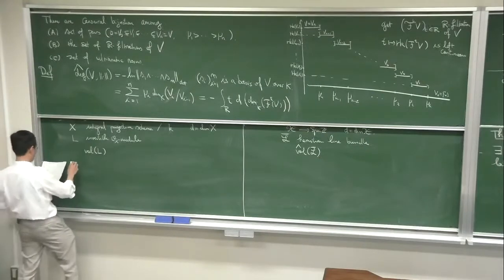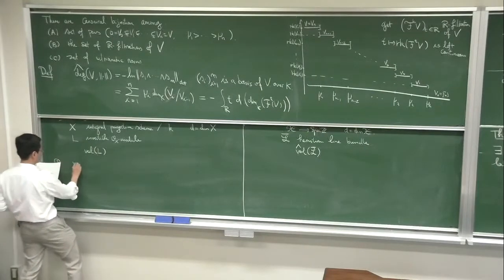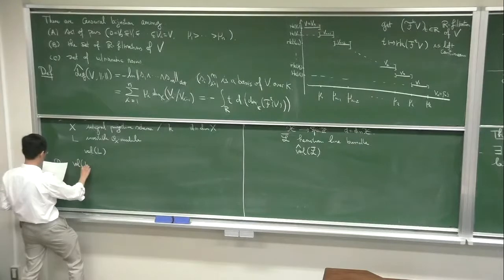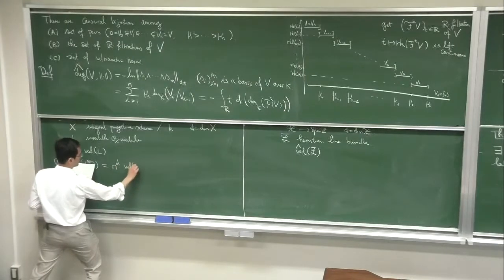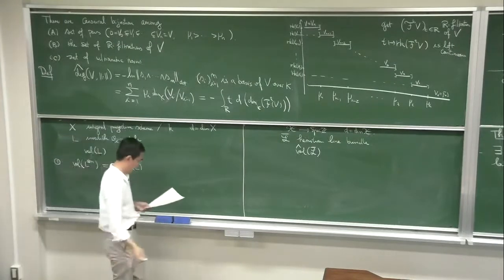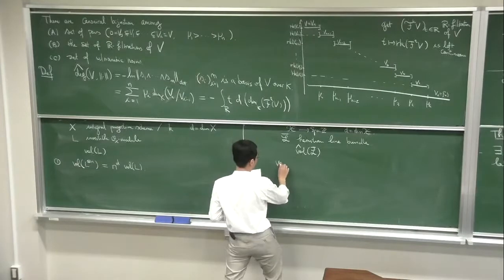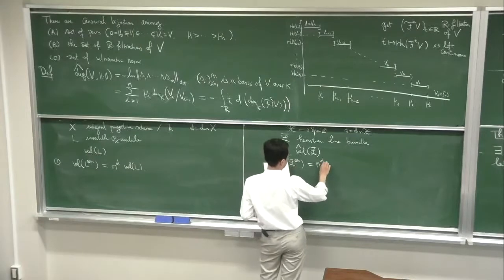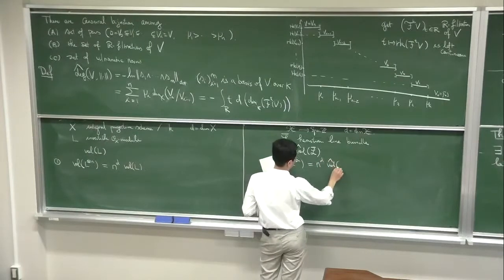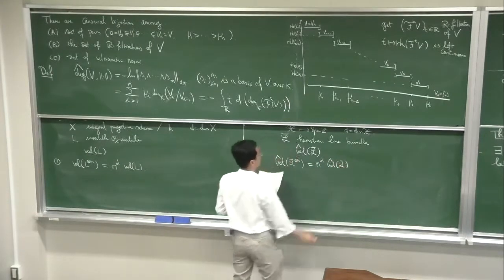And there are some properties. If you take the volume of L to some power n, you find n to the power d times the volume of L. Here you have the same thing. You have the volume hat of L^n, you just have n to the power d times the volume hat of L.